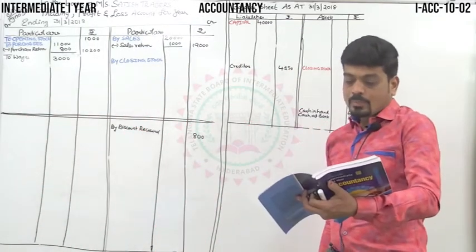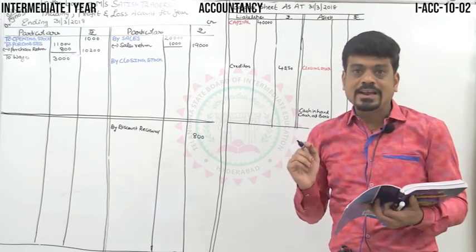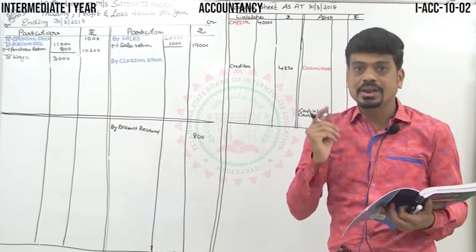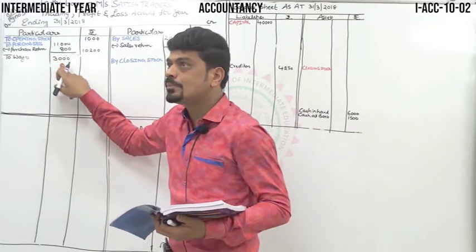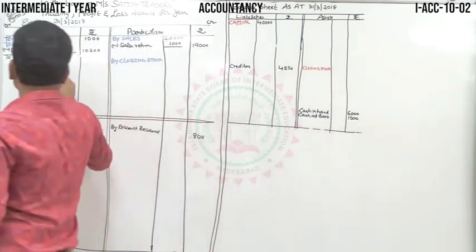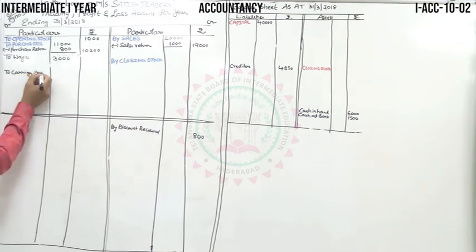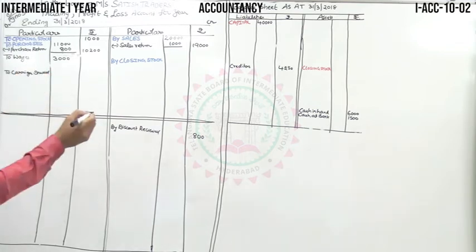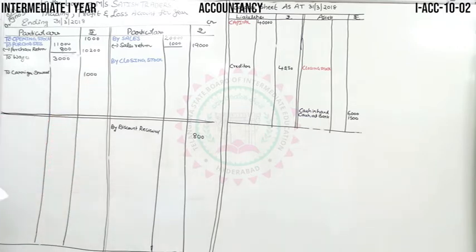Then your carriage inward. Carriage inward is a direct expense which belongs to trading account. So in trading account, we wrote wages in the inner column. Immediately you are not supposed to write. Leave 2 lines gap and write carriage inward. How much they gave carriage inward? 1,000.